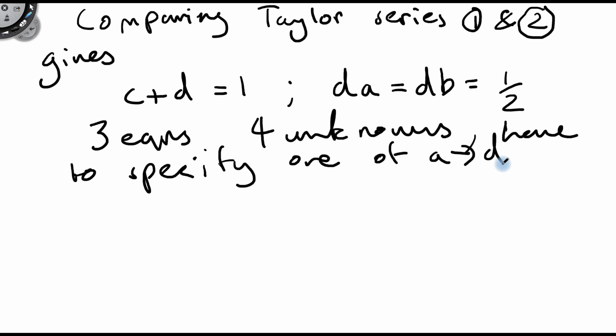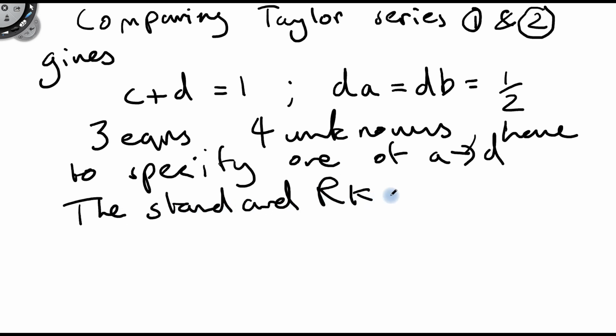Okay, and this is where the different schemes come in. The most common one is called the standard RK2. So RK stands for Runge-Kutta, 2 stands for second order. So we know it's second order because of the Taylor series we're using. That's a really helpful thing about deriving it, is we see that this second order accuracy is built into the method.